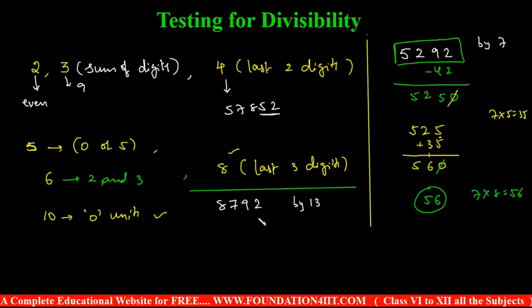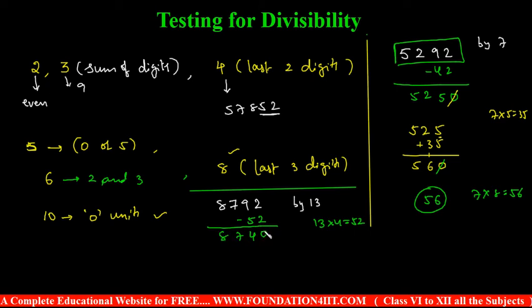Write 52 and subtract. If you get zeros in the ending, we can directly cancel them. We get 0, and it is 4, 7, 8.